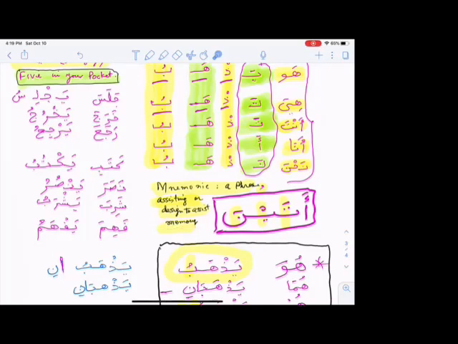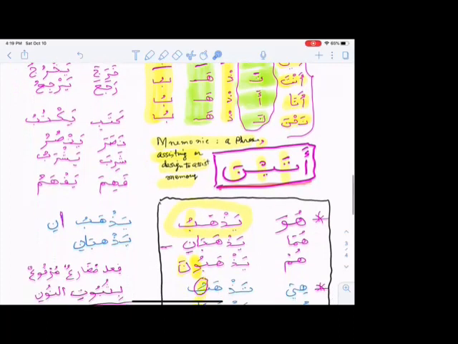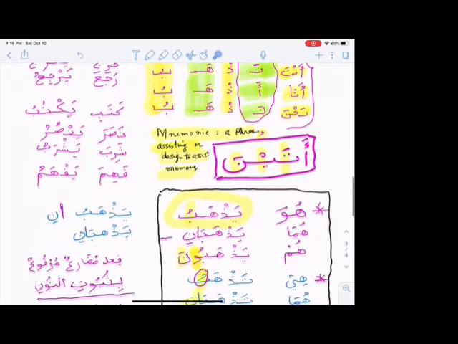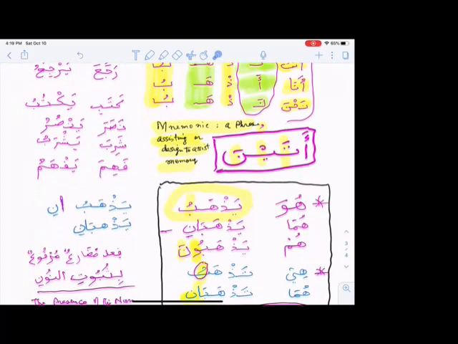So there are 4 signs that will come in the Mudaria. There are 14 Mudarias, but the 4 signs will repeat themselves, and that means that the verb is Mudaria. So you see here, dhahaba, and it became yadhabu. Now look at it, my brothers and sisters, very carefully.